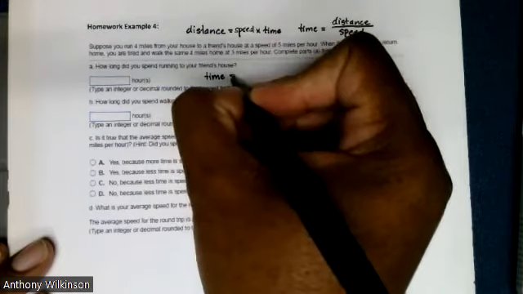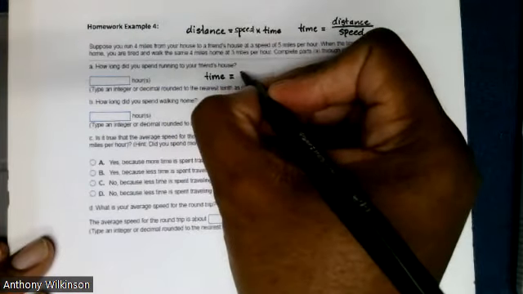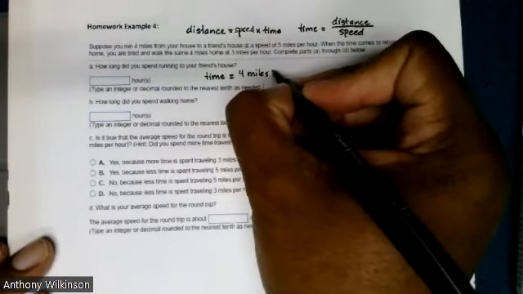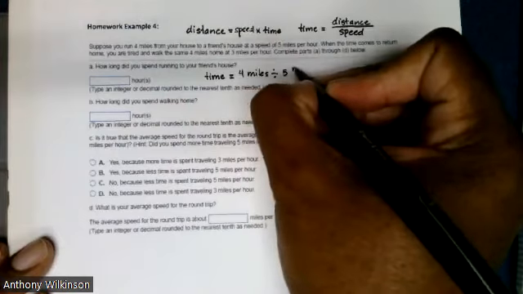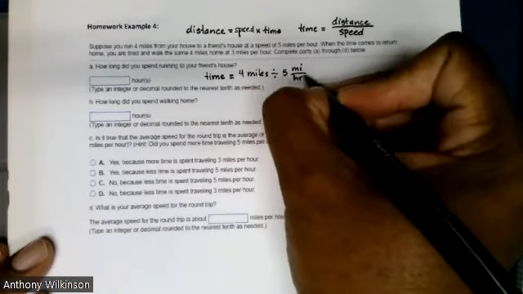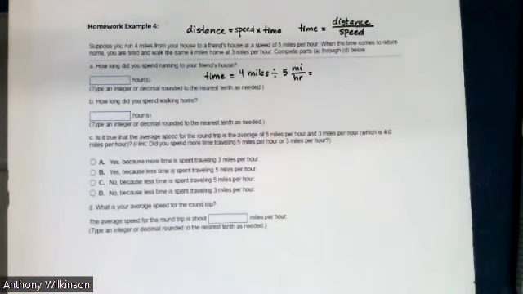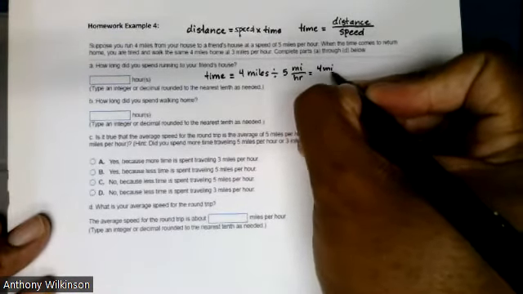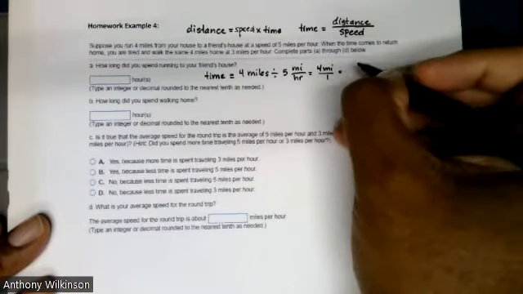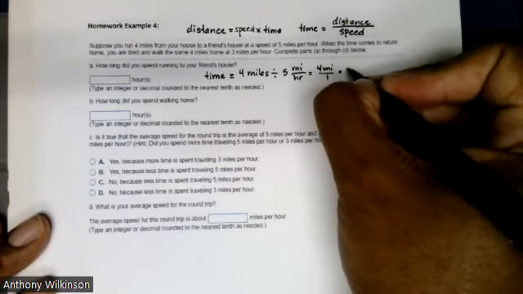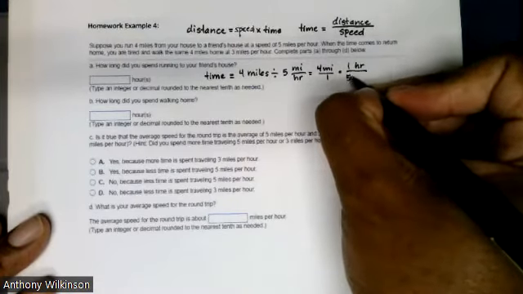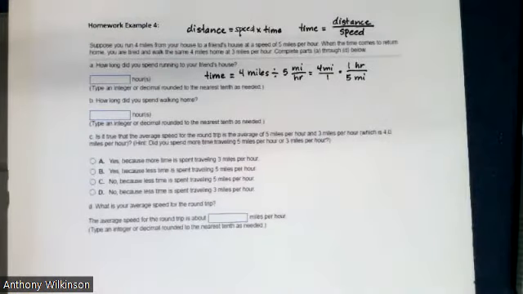So the time there would be 4 miles divided by 5 miles per hour. Now, in division, you always multiply by the reciprocal. So this is going to be 4 miles over 1 times 1 hour over 5 miles.